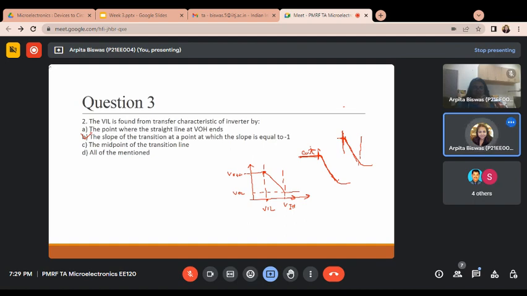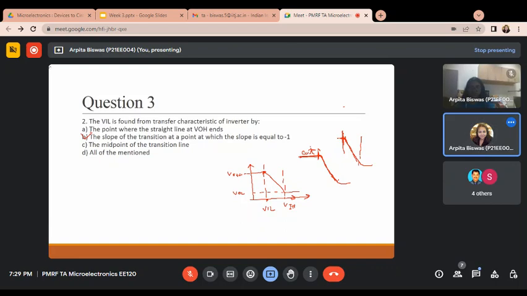Otherwise, if the first option were the right answer, then VIL should be 0. I think VBE is like 0.7 or something else. But how we will solve numericals will make it more clear to you.